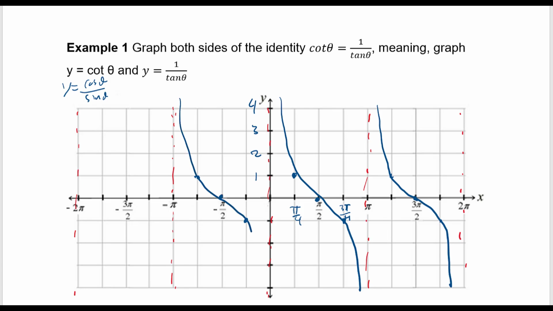So if we were to look at tangent, let me just finish doing these while I'm talking. When we think about tangent, the asymptotes are at pi over 2, negative pi over 2, and so on, all the odd multiples of pi over 2.